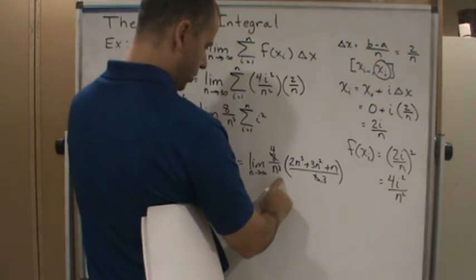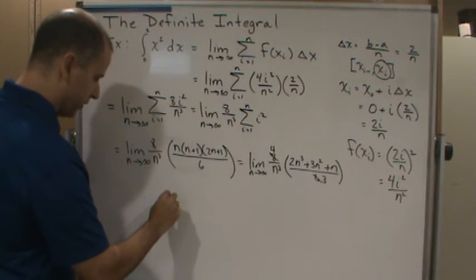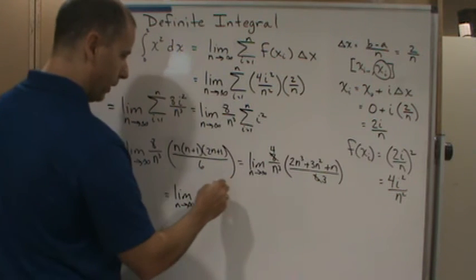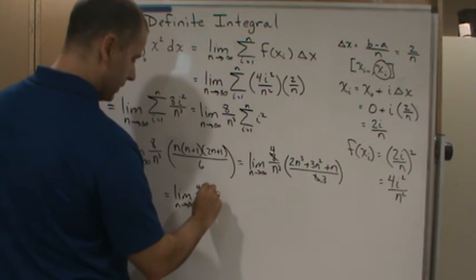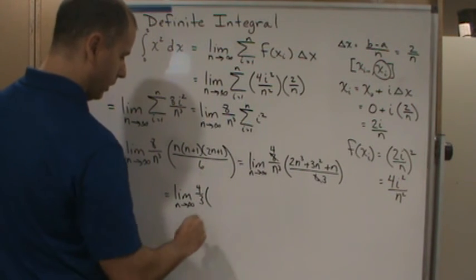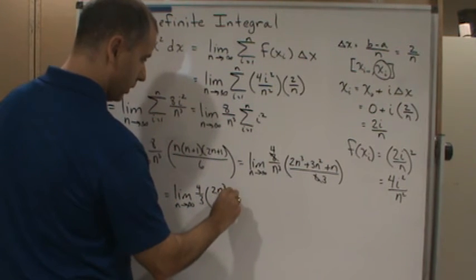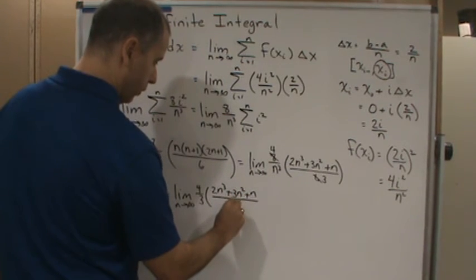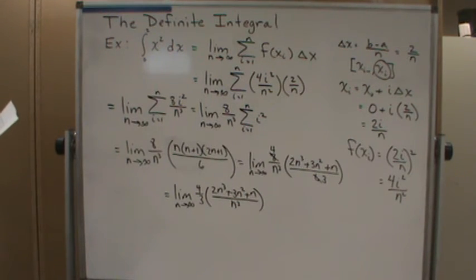I can simplify this too because I can break this up. So let me rewrite this so you guys can see it better. So this is going to be the limit as n approaches infinity. So now what I'm going to do is write this as 4/3 times (2n cubed plus 3n squared plus n) over n cubed. Okay?